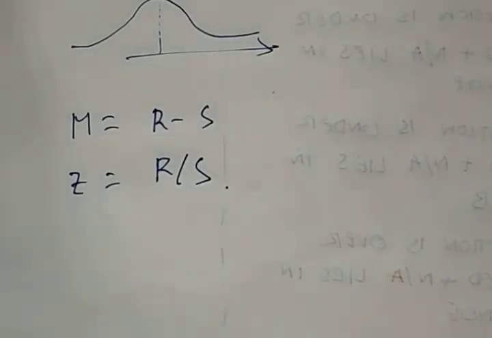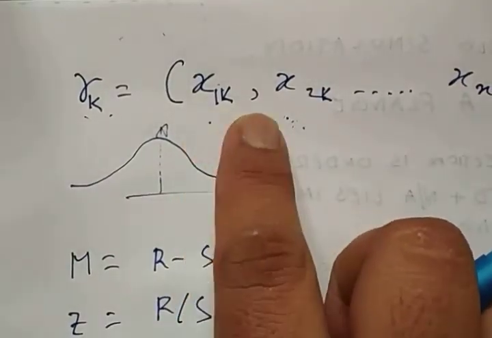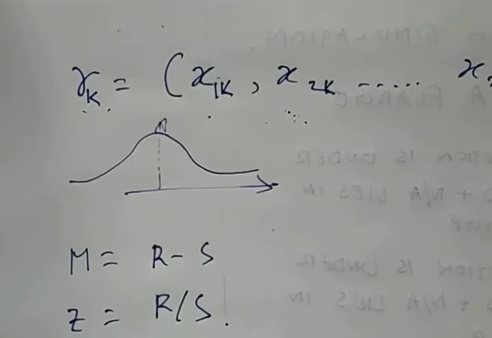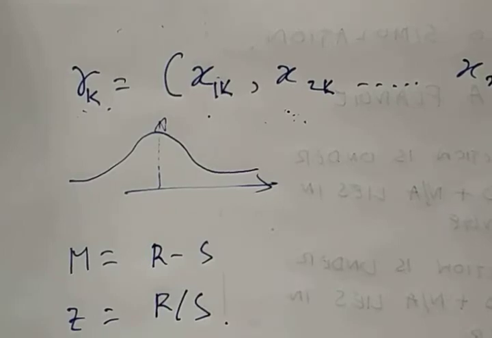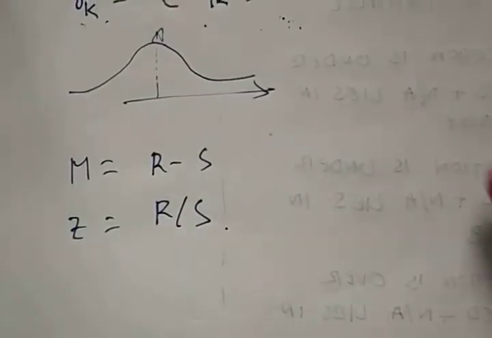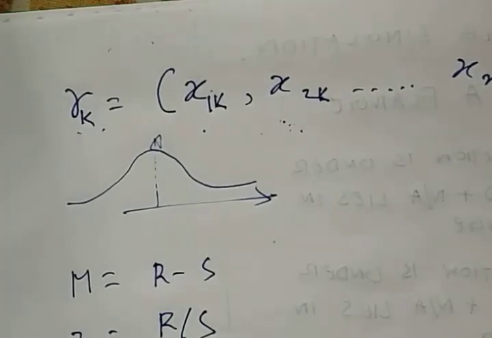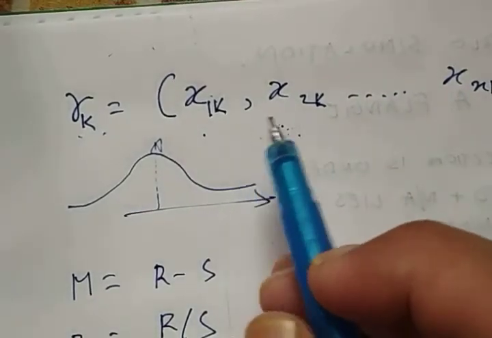Now the general question that comes is, when I'm going to vary these xk values, can I have any value? Can I vary it from any point to any point? Can I have any numerical values, or is there any rule to constrain it? Yes, there is some rule to constrain it. Why? Because if I give any value, then it might have impractical and unscientific values associated with it.